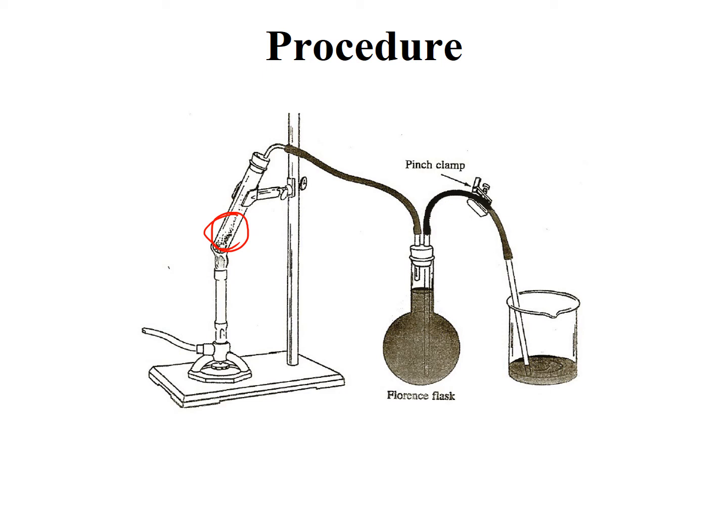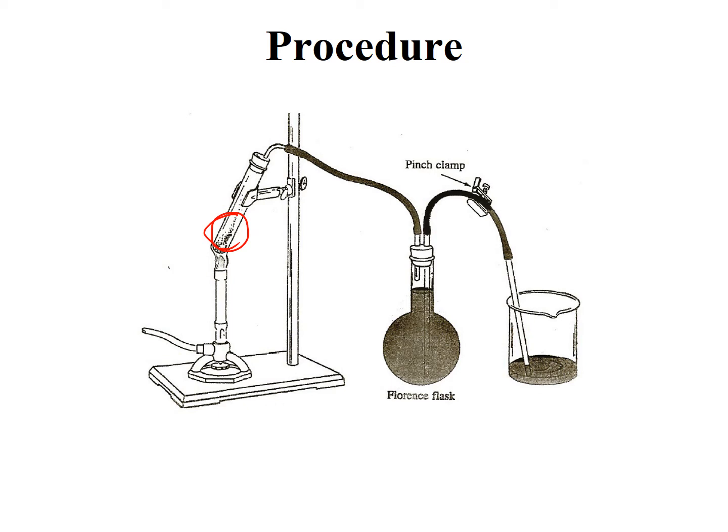The oxygen that is produced here is going to displace the water in the Florence flask, and the volume of water that was displaced equals the volume of the oxygen.